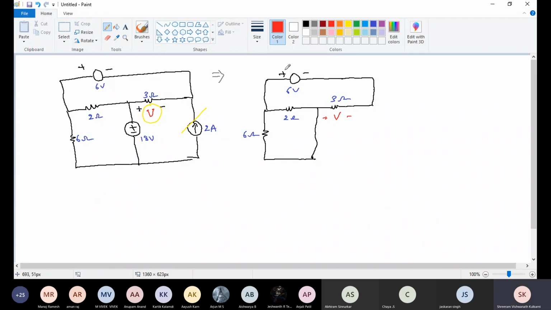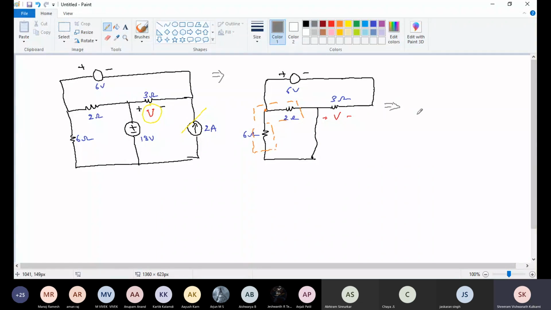Now tell me how these 2 and 6 ohm look like, parallel or series? Parallel. These 6 ohm and 2 ohm are in parallel. Now I'm going to reduce my circuit.